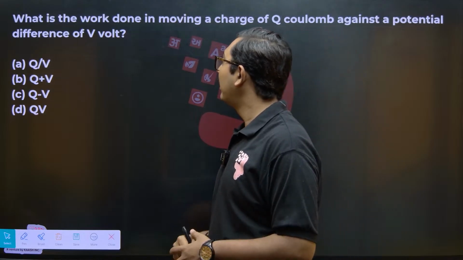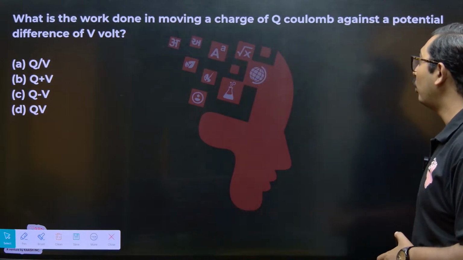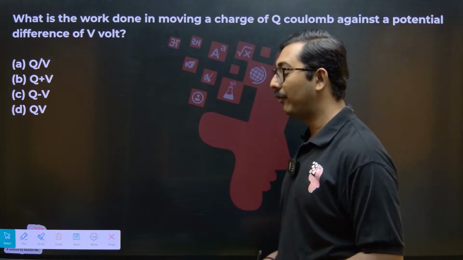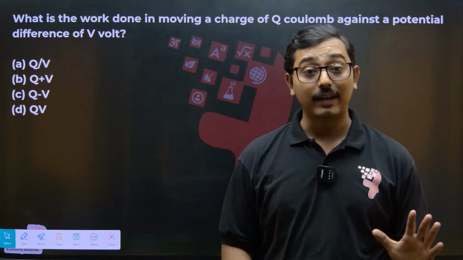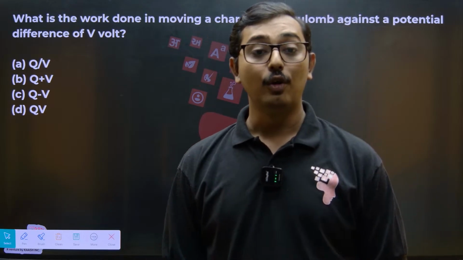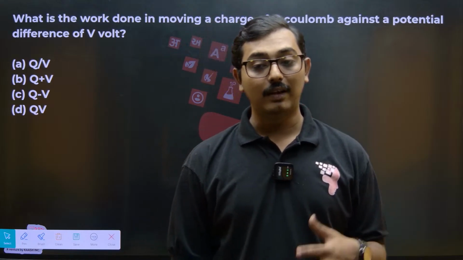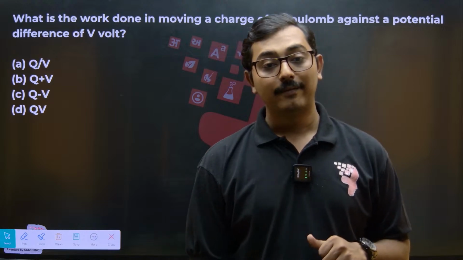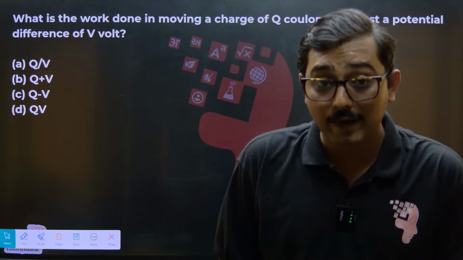What is the work done in moving a charge of Q coulomb against a potential difference of V volt? Now, in the starting of the chapter itself, when we were discussing potential difference, the first topic, what do we observe? The first formula of potential difference.